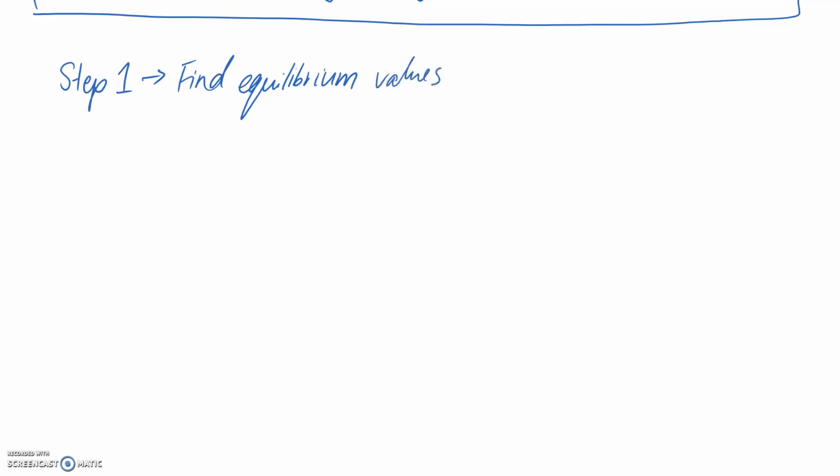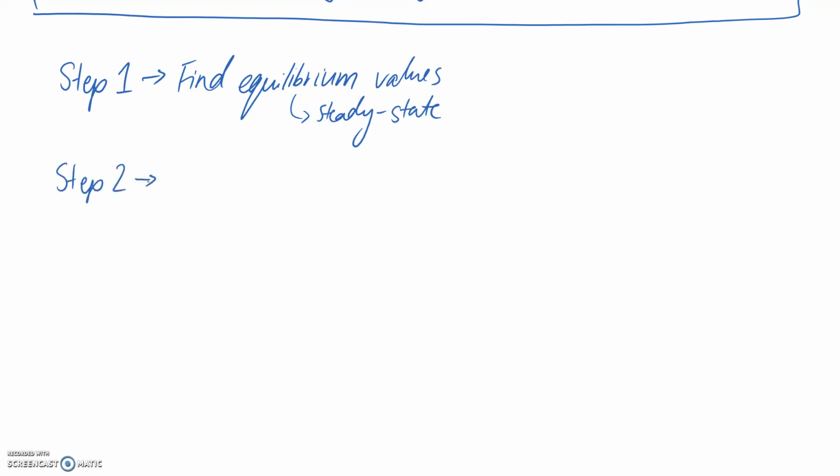So we need to identify these. Remember that equilibrium is the same as steady state. So at steady state or at equilibrium, all of our time derivatives are going to be equal to 0, and then potentially we need to find some other variables and what they would be in our steady state. So that's the first one.